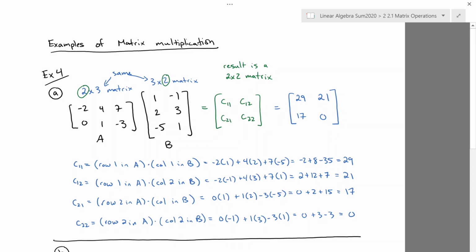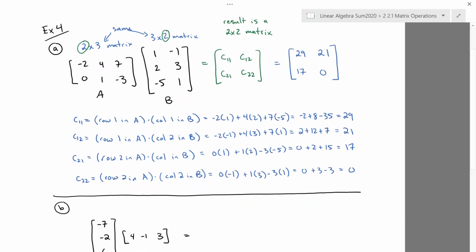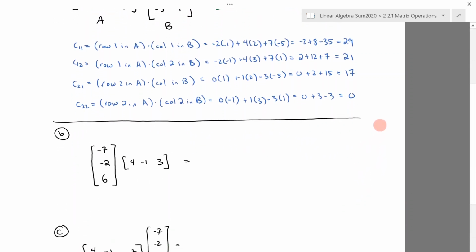Okay, so you calculate the entries of the resulting matrix one by one, just taking the dot product of rows in the left matrix with columns in the right matrix. That's matrix multiplication. Below here we have some additional examples.